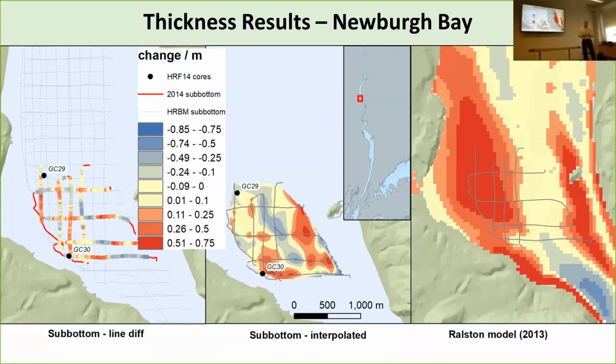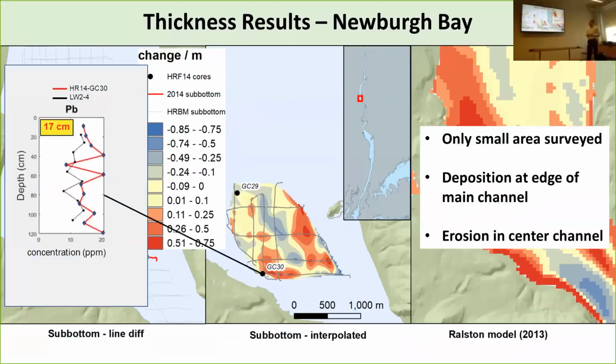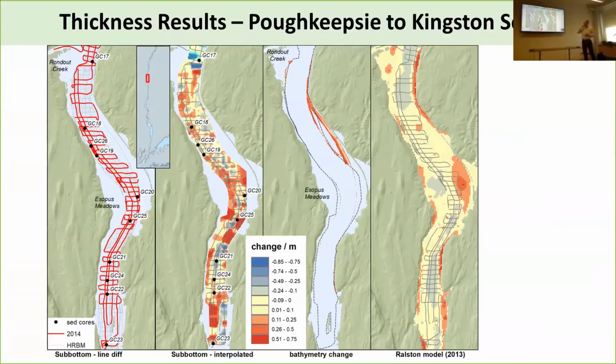Unfortunately, we didn't do the whole Newburgh Bay area, and what we compared was one core in the south, which actually shows 17 centimeters of deposition. So there definitely is some deposition there on the side, but maybe even in the center there might be some erosion going on.